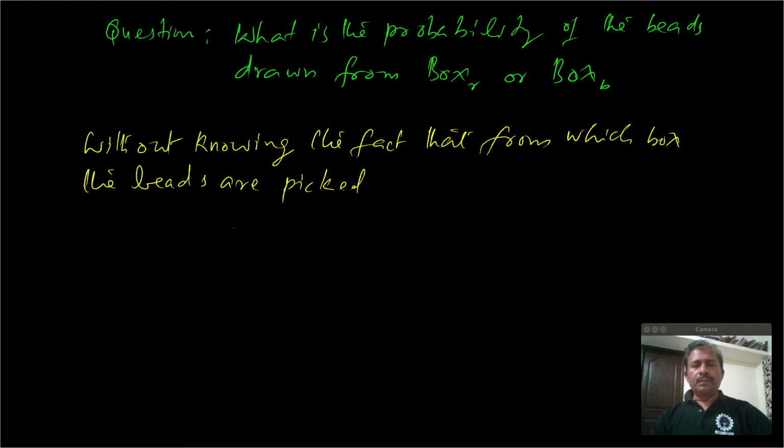It could be from the red box. So I denote it as P of theta R is 50%, and P of theta B is 50%.